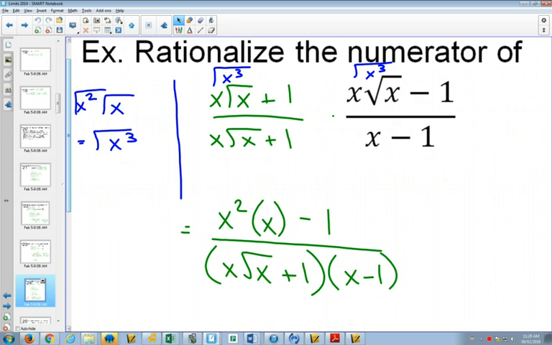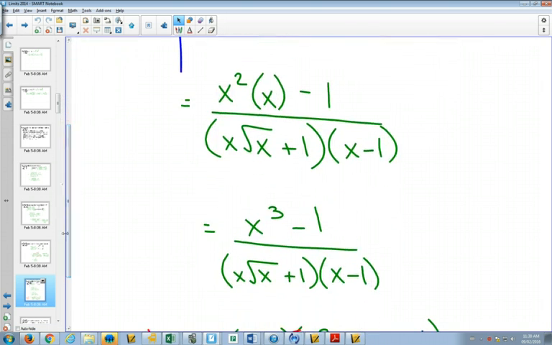Then, before you multiply out the bottom, again, just like last time, we're going to leave it factored this time, because maybe later on there'll be something that allows us to simplify this further. For this question in particular, if I multiply this out, I would get x cubed minus 1.